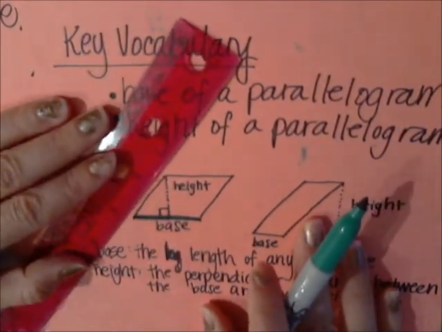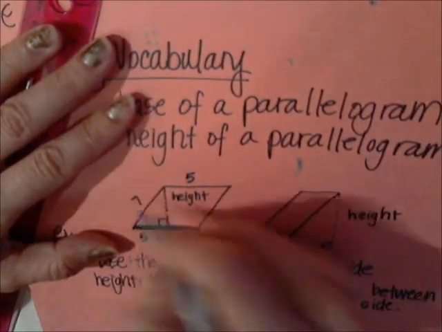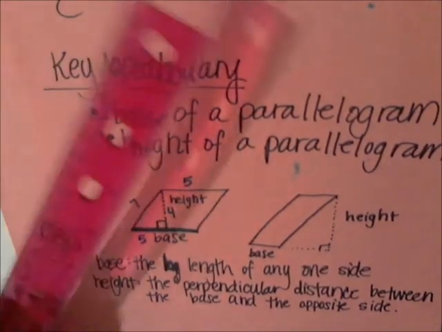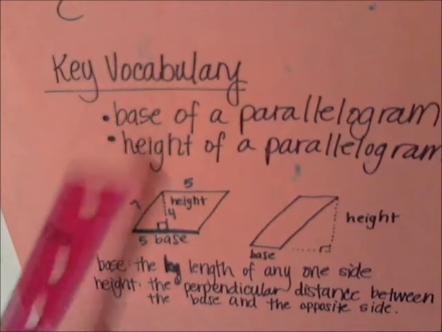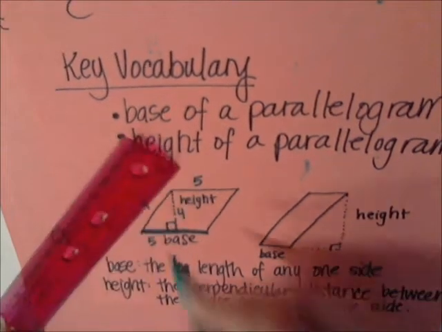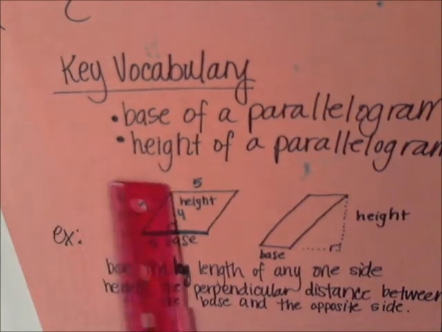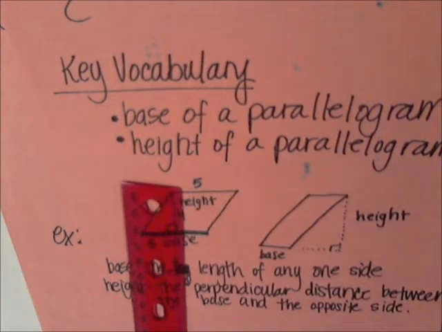Let's say we tell you that this is 5 and this is 5, this is 7 and this is 4, okay? That 7 really is kind of a distractor. It could be used to find perimeter, but that doesn't help us find area. This does not tell us the area of the parallelogram. The height is straight up from base to base, okay? So you need to remember that.